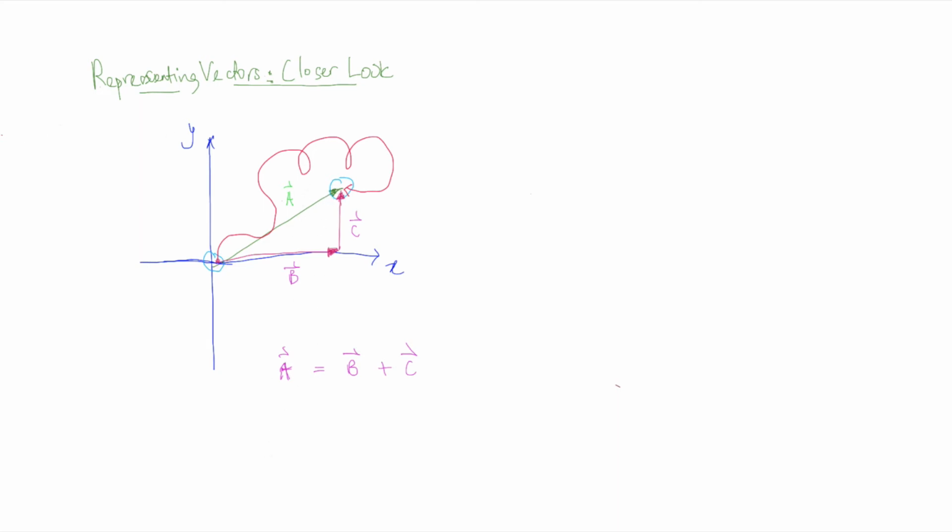Now I want some consistent way of being able to write these so-called B and C vectors. So I'm going to introduce something called a unit vector. Unit means 1. So a unit vector has length 1. I'm going to have two special unit vectors. I'll have a unit vector that points in the x direction, and I'm going to call that x hat.